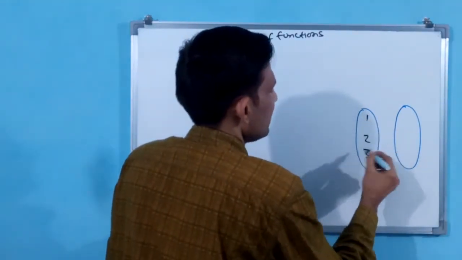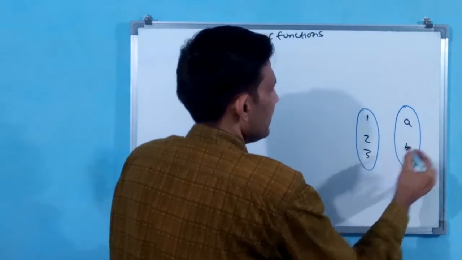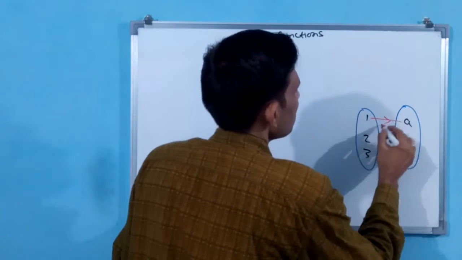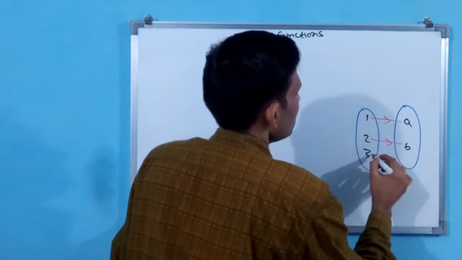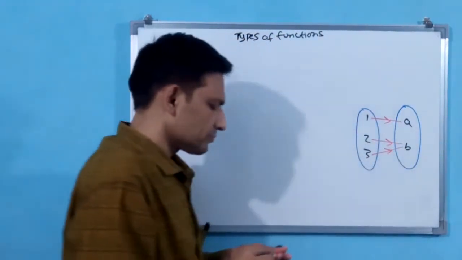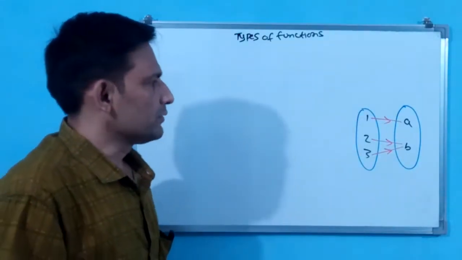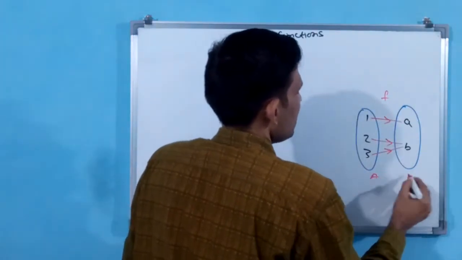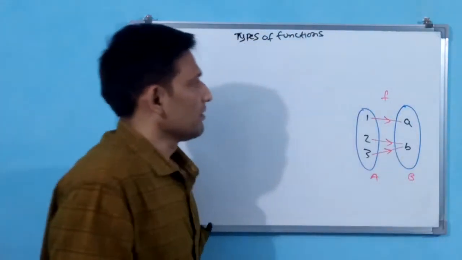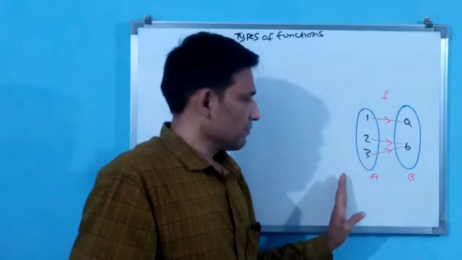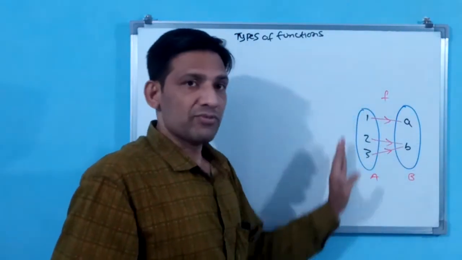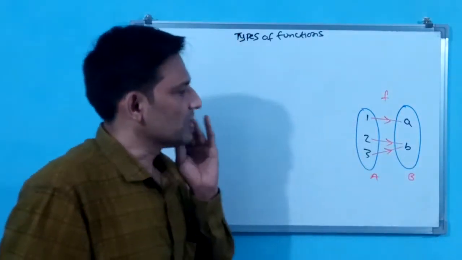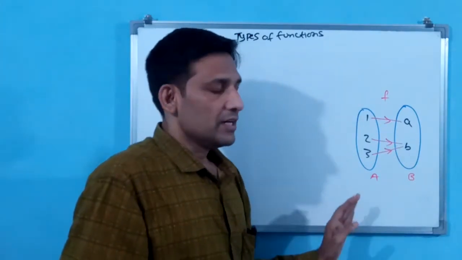Say 1, 2, 3 and A, B. Now we are having relation 1 to A, 2 to B, 3 to B. Now see, for function A to B, for function A to B, each element from set A should have one and only one image in set B. This is set B, this is set A.